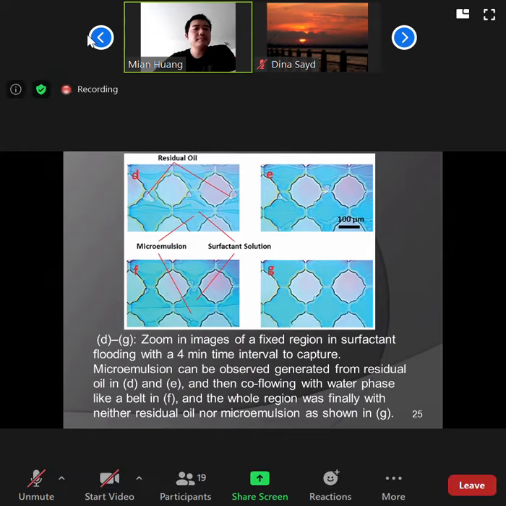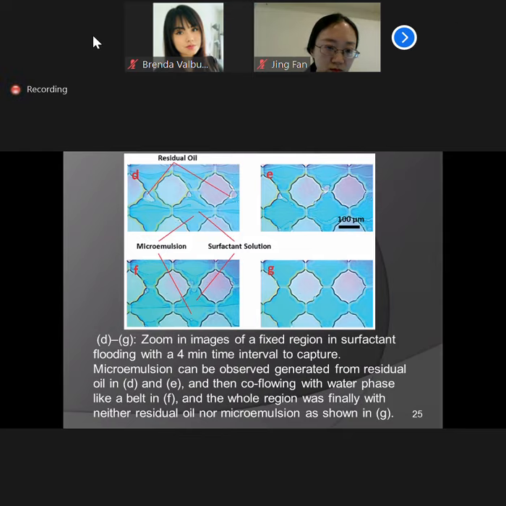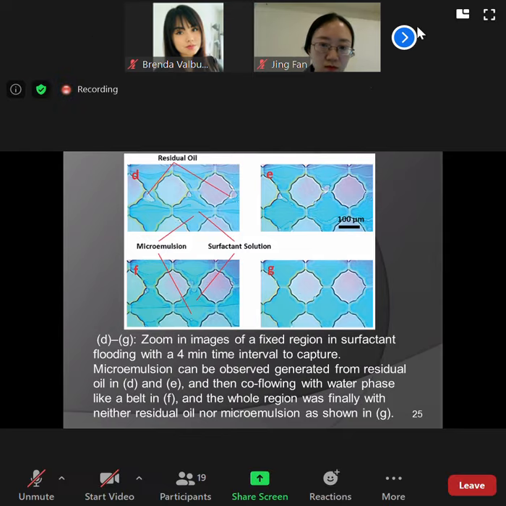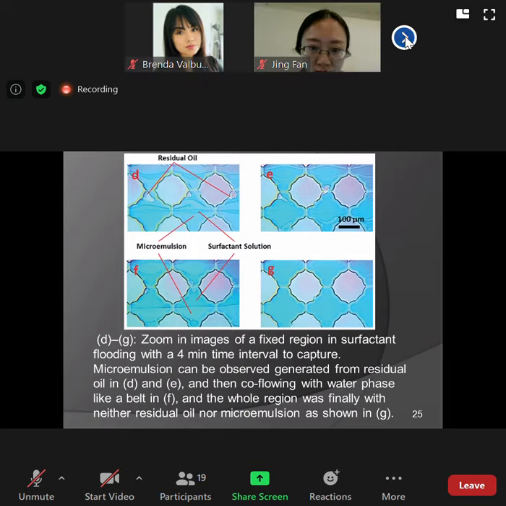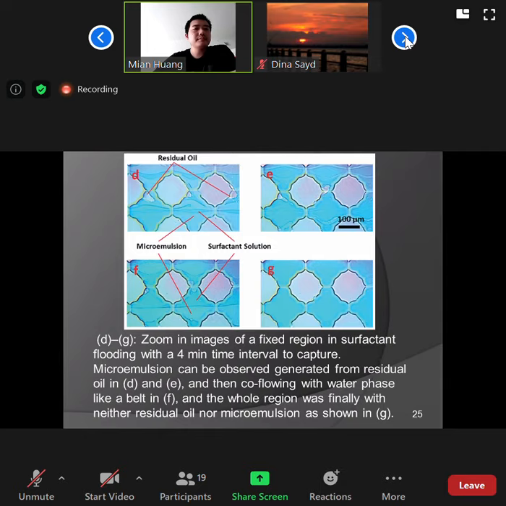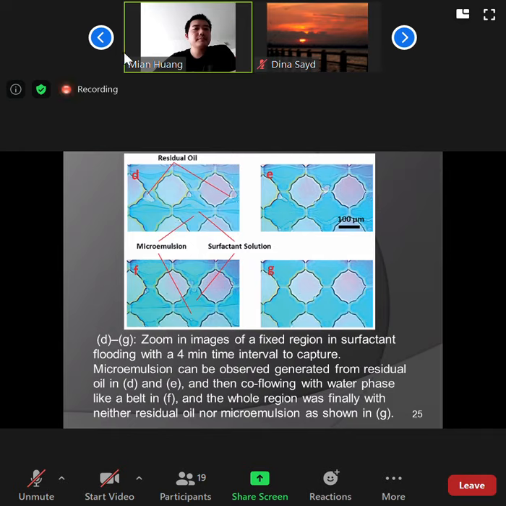Microemulsion can be observed to generate from the residual oil in D and E, and then co-flows with the water phase like a belt in F, and the whole region is finally left with neither residual oil nor microemulsion, as shown in G.